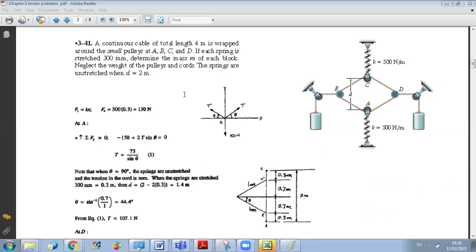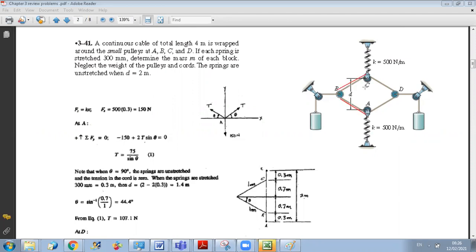They told us in this problem that the springs are unstretched when G is equal to 2. So this will allow me to determine the initial position of C, A, B, and D. Okay? Look, each cable has a length of 1. So this is 1 meter and this is 1 meter.